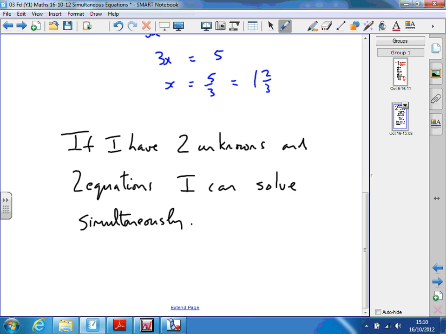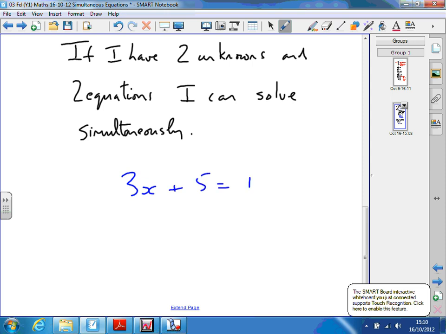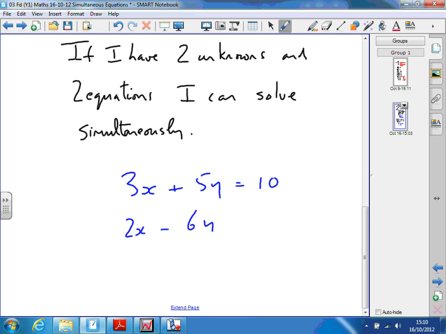Hence, simultaneous equations. Take these: 3x plus 5y equals 10, and 2x minus 6y equals 12.